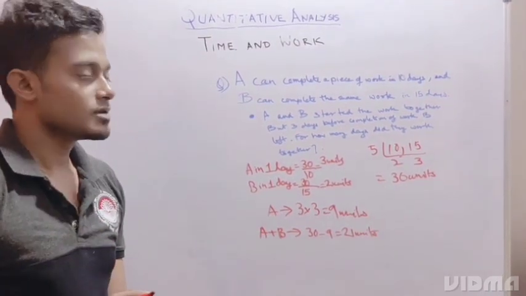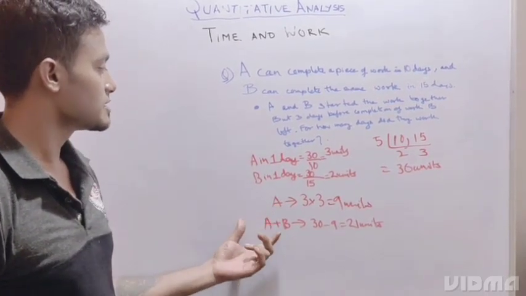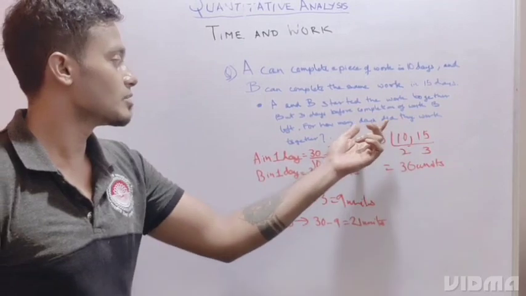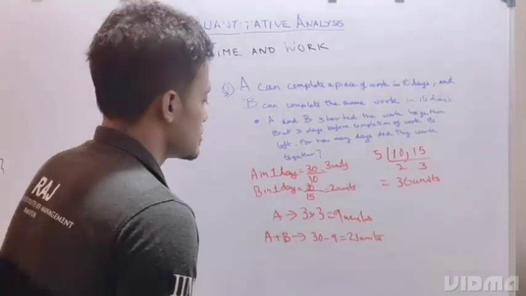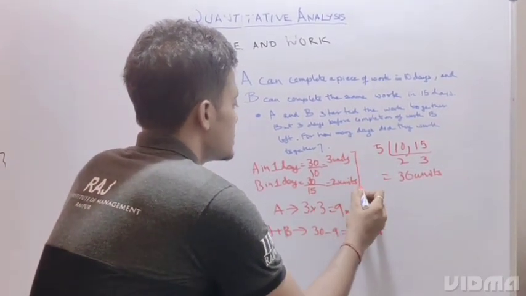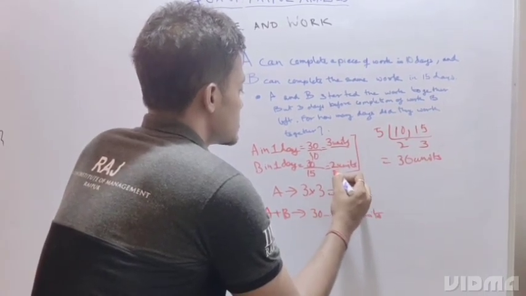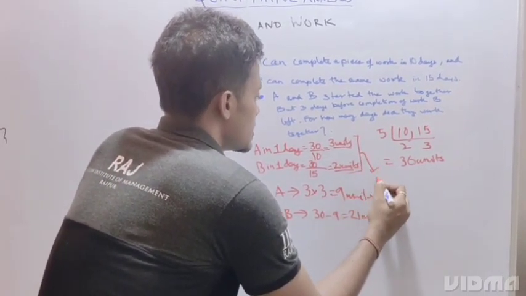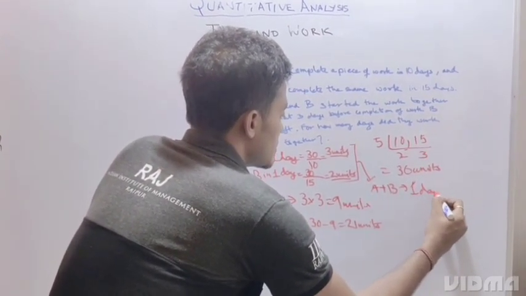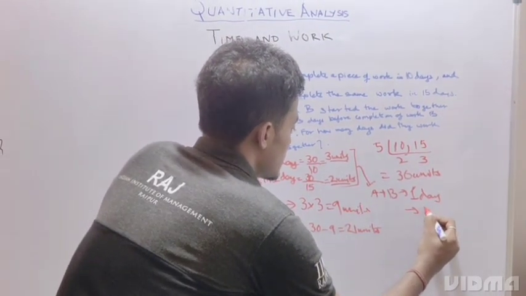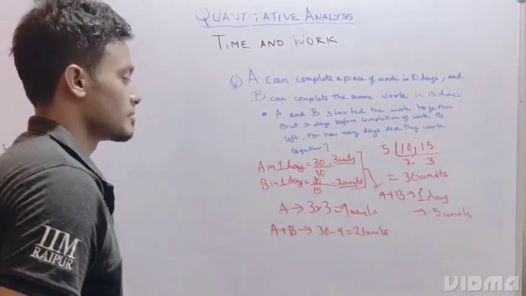This is understood. So what do we have to do next? We need to find out how many days did they work together, that is A and B work together to finish this work. So A individually does 3 units of work per day, B individually does 2 units per day. So A plus B together in one day does 5 units of work together.